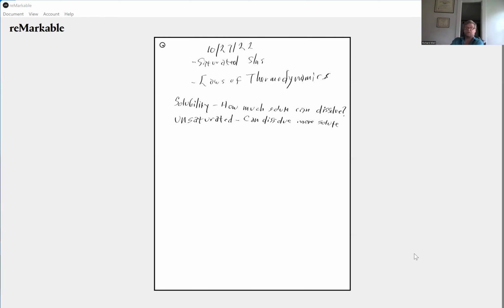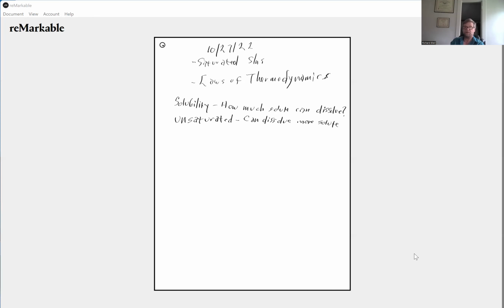That's unsaturated. So you've started to dissolve some. You're up to the concentration you want. If you wanted to, you could go higher, but you're not going to because you're at the concentration you want. That is an unsaturated solution.